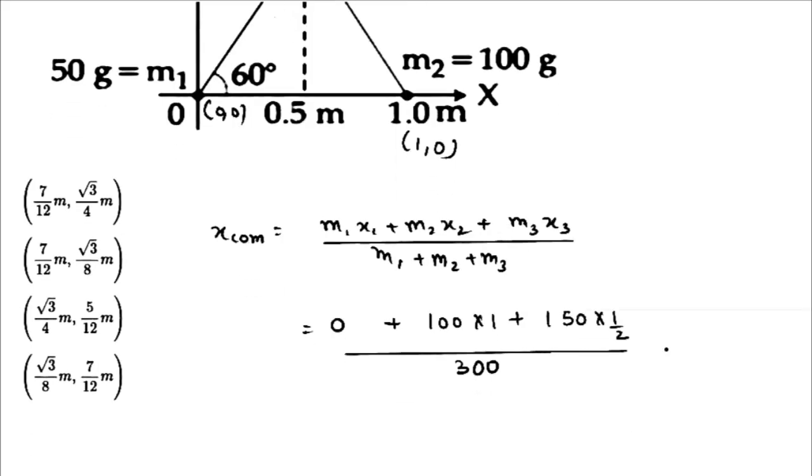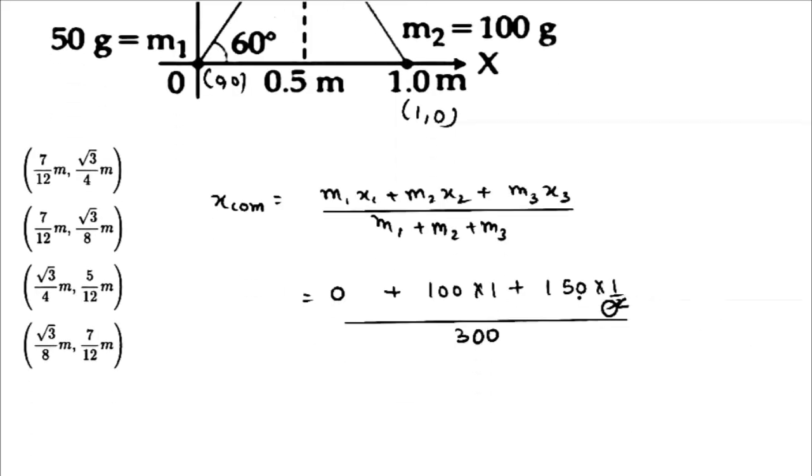So this will get cancelled out by 75, right? And you will get 175 by 300, right? This will be the x coordinate. You can cancel this by 7 and this by 12, right? It will be 7 by 12 meter.